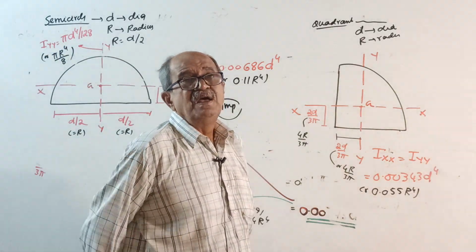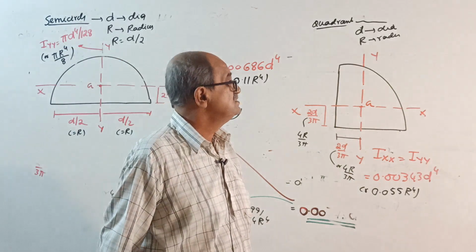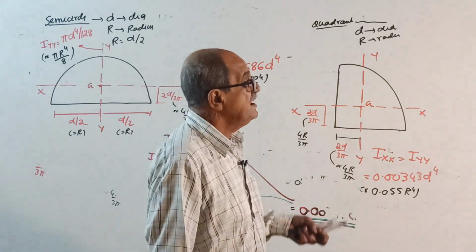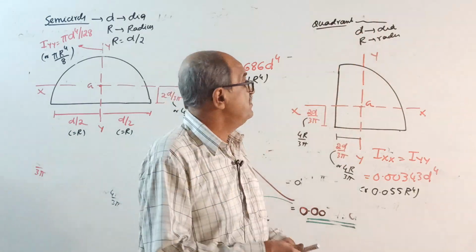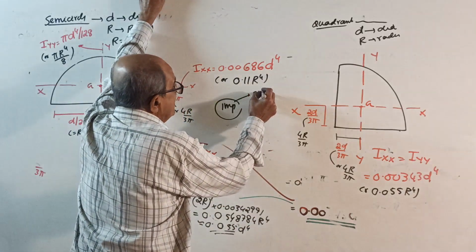Quadrant, sir, both are 0.00343 d power 4. How will I make you clear? Those students in front of me, when I take the class, after I explain, when I ask, they tell the answer immediately. Why? I will tell some concept, not now. That I will tell in the final summary.